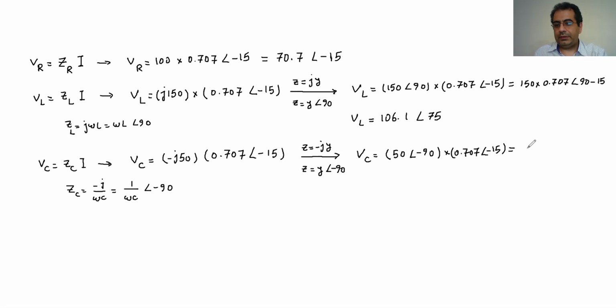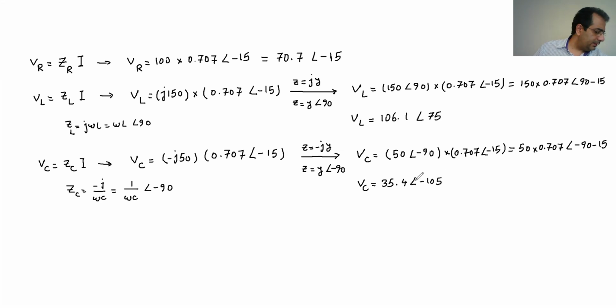So it's going to be 50 times 0.707 with an angle of negative 90 plus negative 15. So VC is coming out as 35.4 with an angle of negative 105.